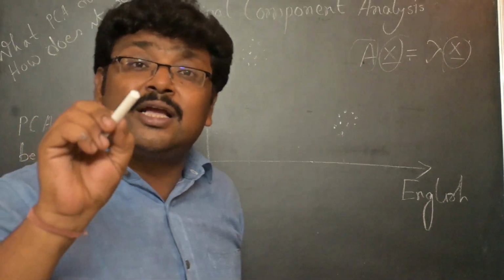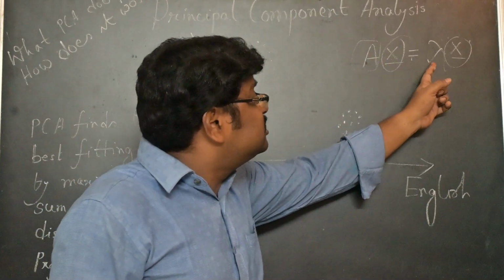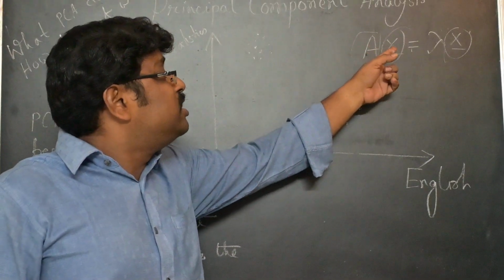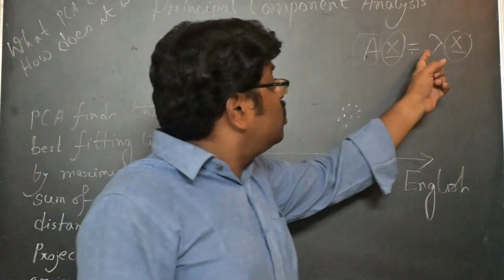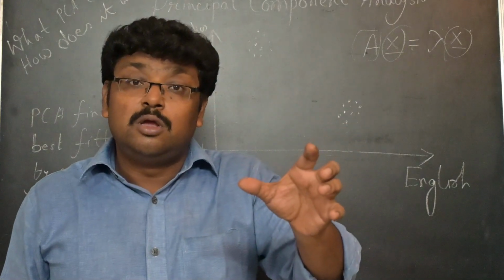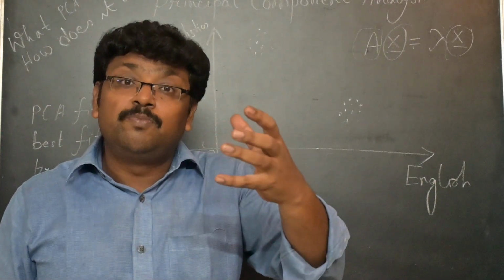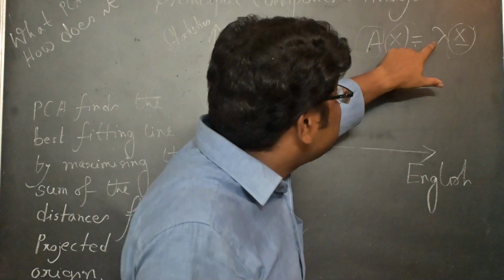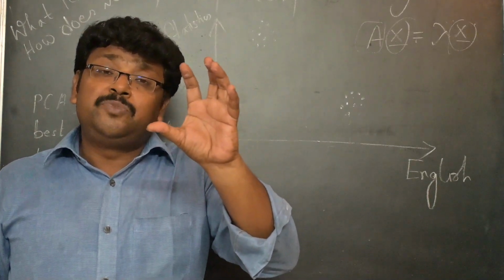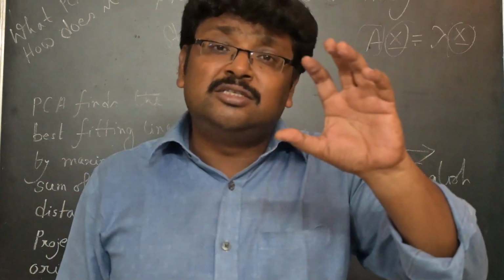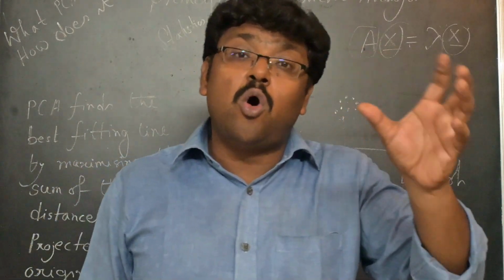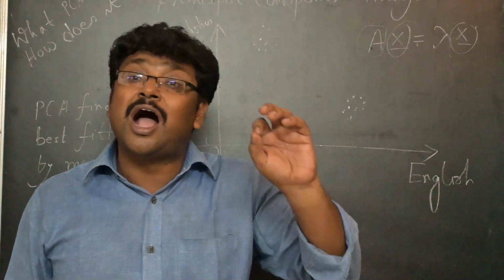So lambda is a constant number that we find if we multiply a matrix with the vector. This lambda is called the eigenvalue. Now, if you normalize this, then you have the value that ranges within 1.